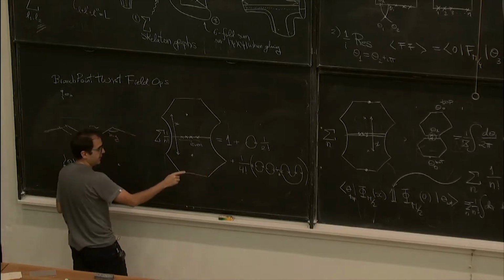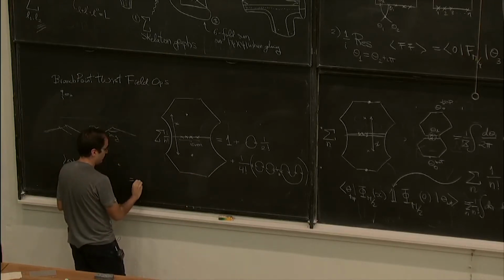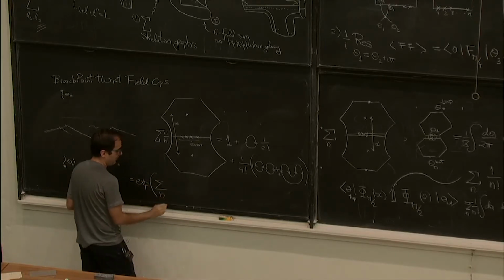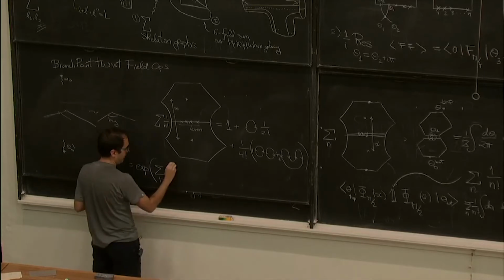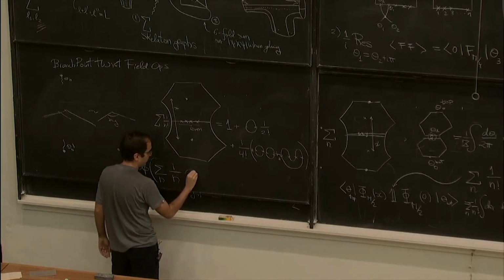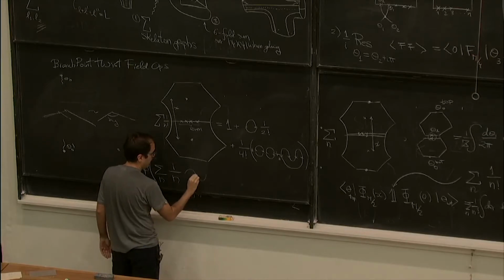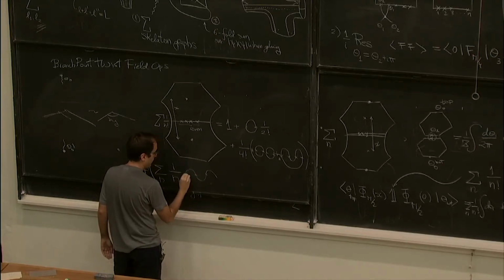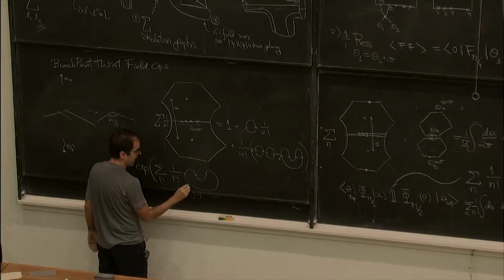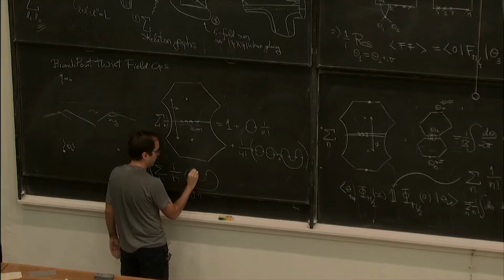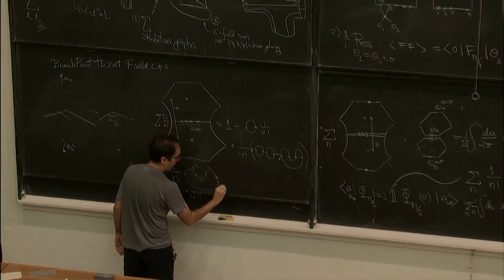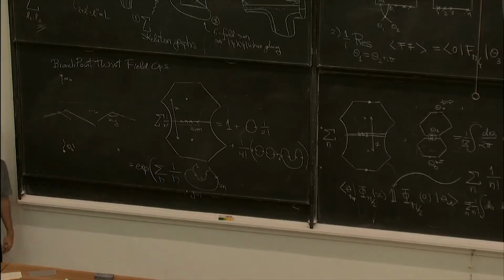And you can easily see that this becomes the exponential of the sum over n of 1 over n times a loop of this n, times a loop where there are 1, 2, 3, 2n lines, a loop of length 2n.